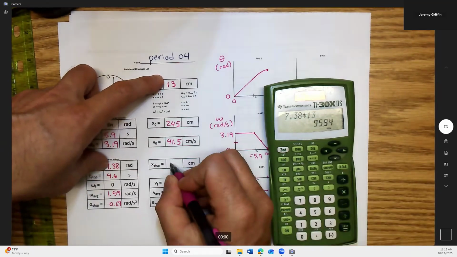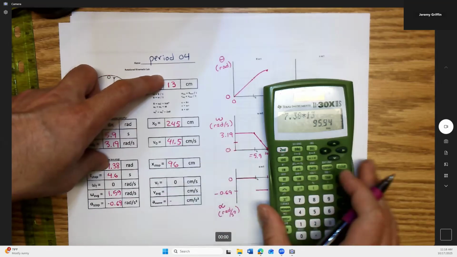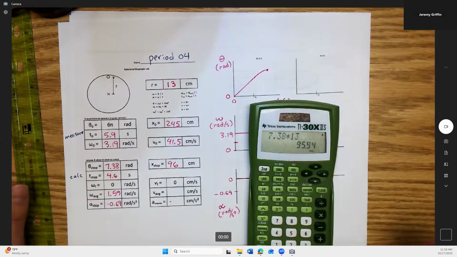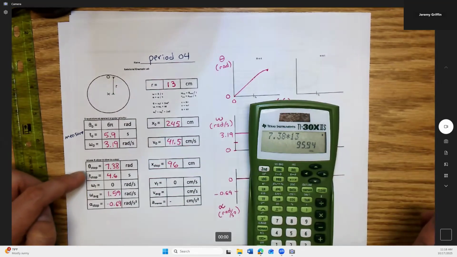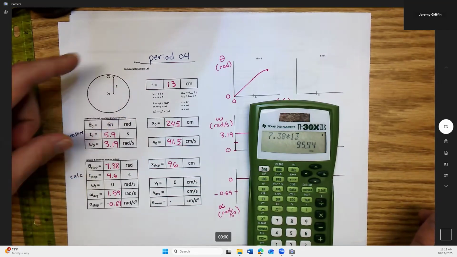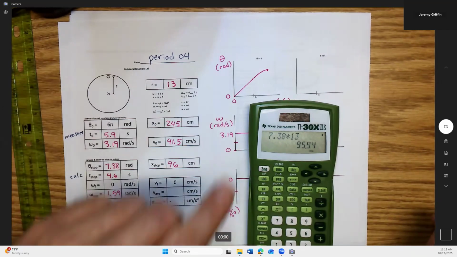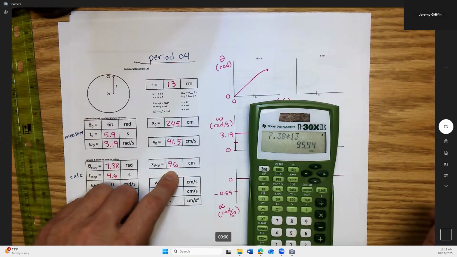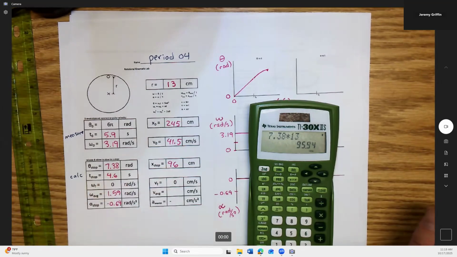My braking distance is about 96 centimeters, rounding to the nearest centimeter. That's almost a full meter. I can believe that because I have a radius 13 centimeters out, and I saw it make more than one revolution to come to a stop. So about a meter, that looks about right.